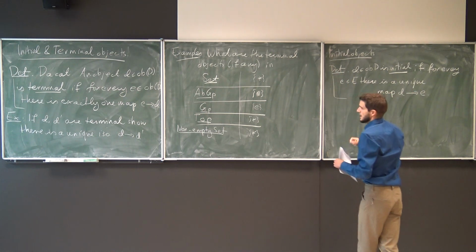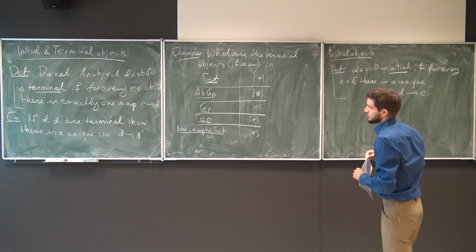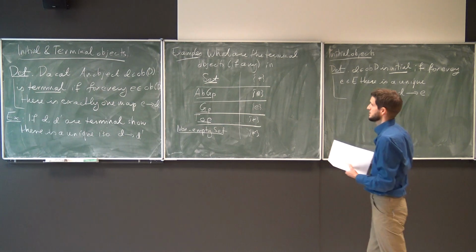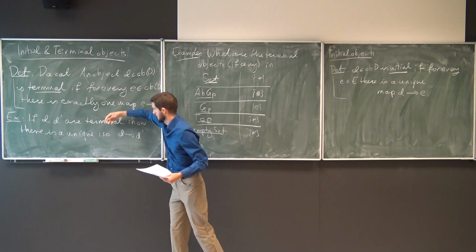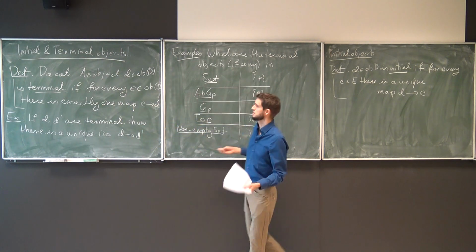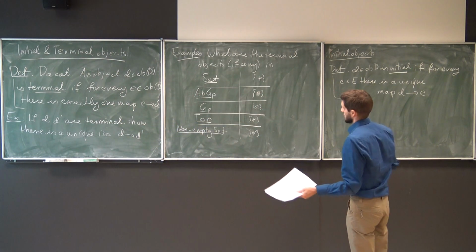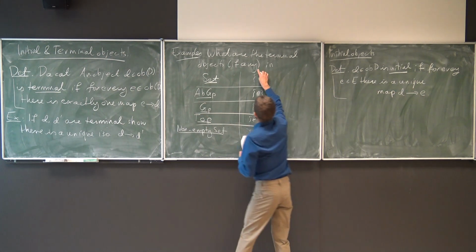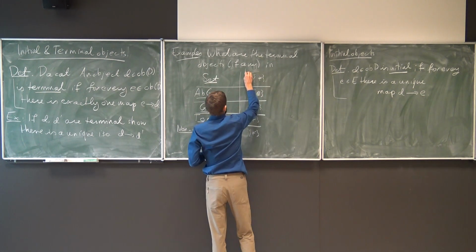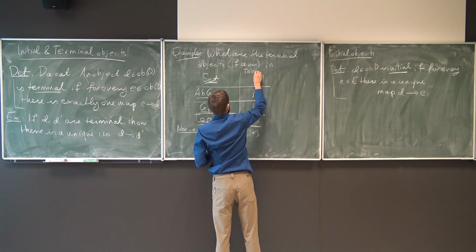Equivalently, an initial object is just a terminal object of the opposite category, the category with the arrows reversed. Again, the same exercise, now I replace this with initial, is true, and essentially the same argument works. So now let's bring back these examples. This is my terminal object column.